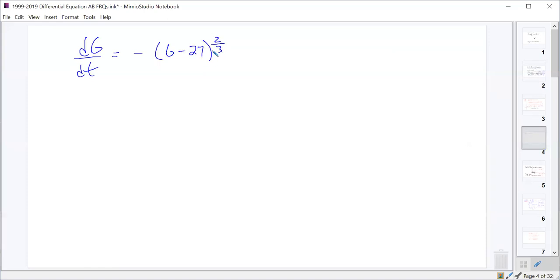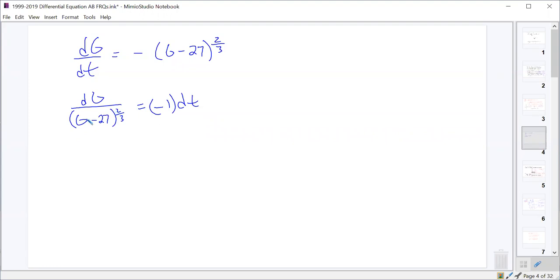So in order to find g of t, we've got to get the g to the other side. So dg over g minus 27 to the 2/3 equals negative 1 dt. And to integrate g minus 27 to the 2/3 in the denominator, that's g minus 27 to the negative 2/3.